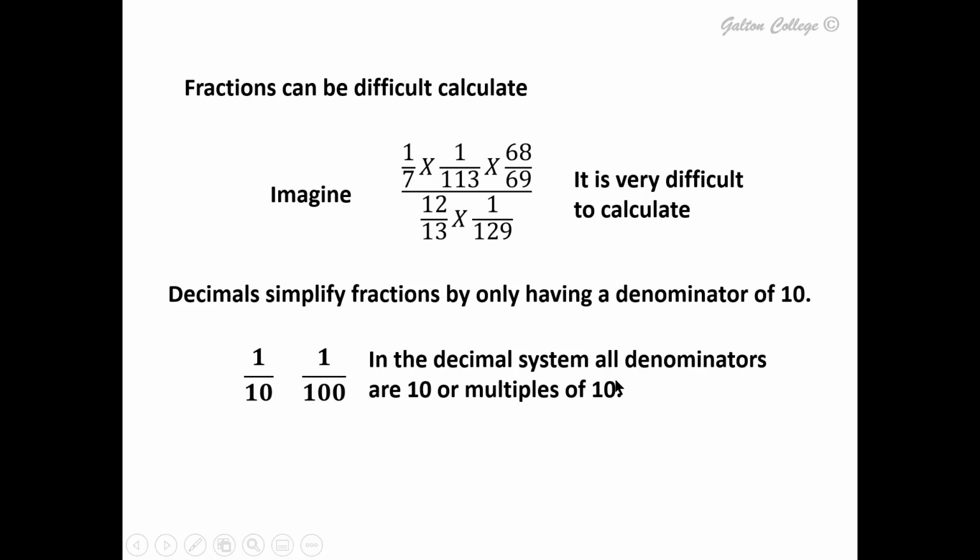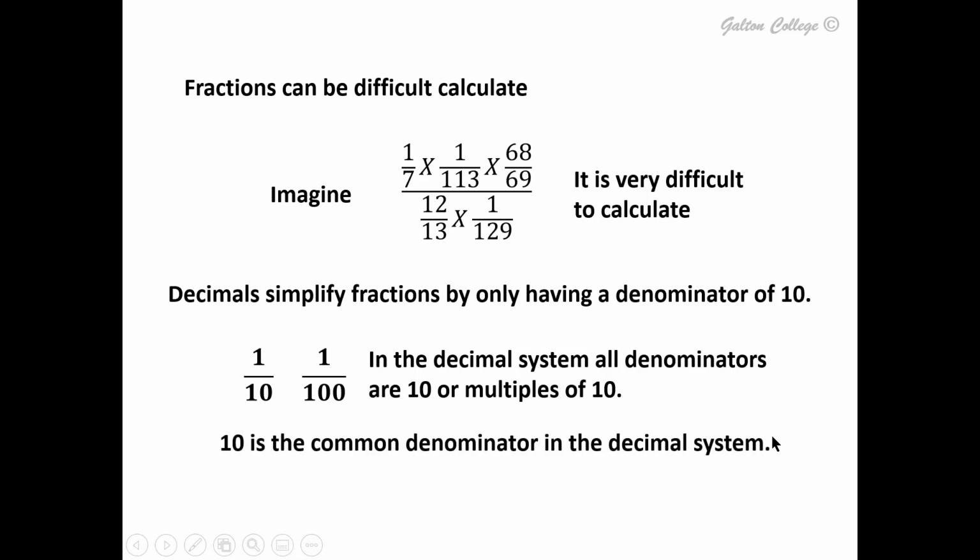So you'll see how easy it is once we start to work through it. So 10 is the common denominator in the decimal system. All of the numbers in the decimal system will have a 10 as a denominator. In fact, we won't write them as fractions at all. We'll write them differently, as we'll see later.